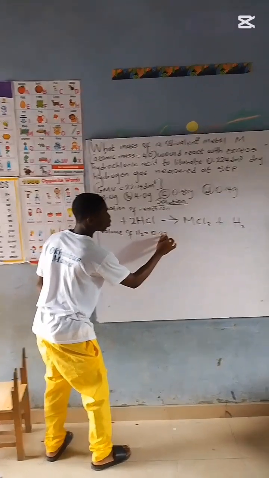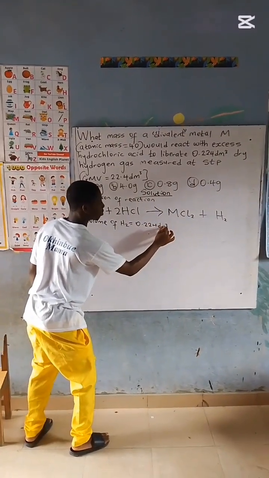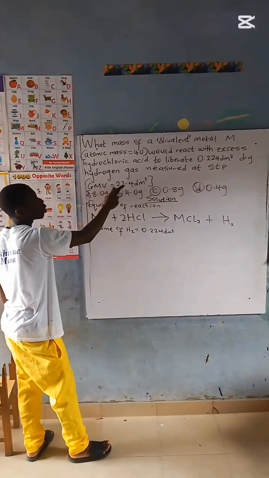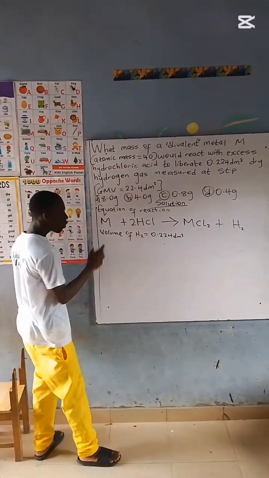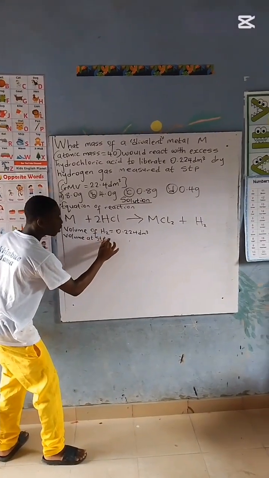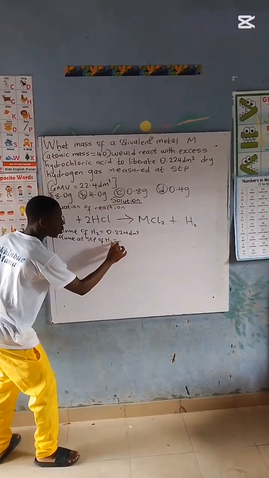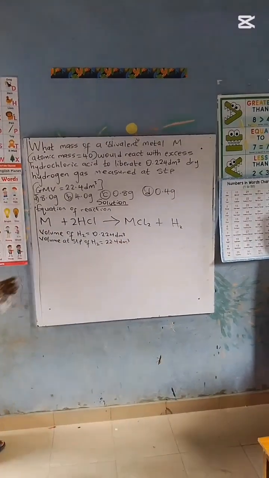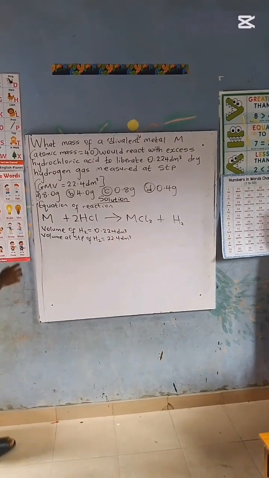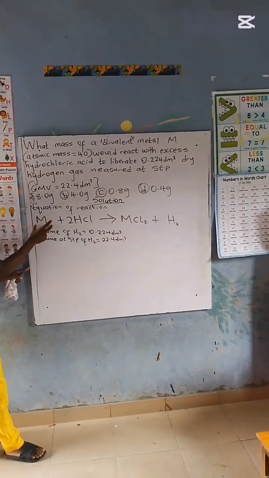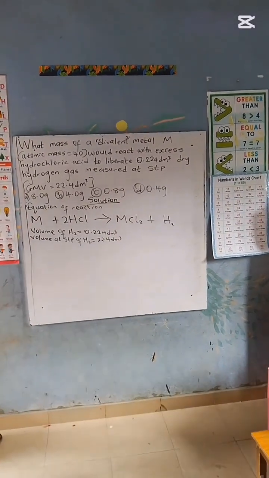So that's 0.224 dm³. Now measured at STP, GMV equals 22.4 dm³. So for volume at STP of hydrogen gas, H2 is 22.4 dm³. No other parameters were given, and we are told to find the mass of this metal here.